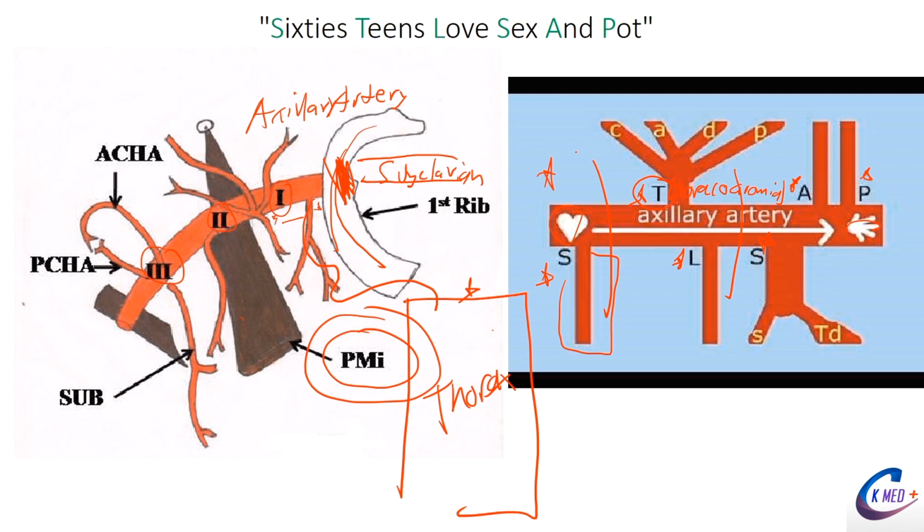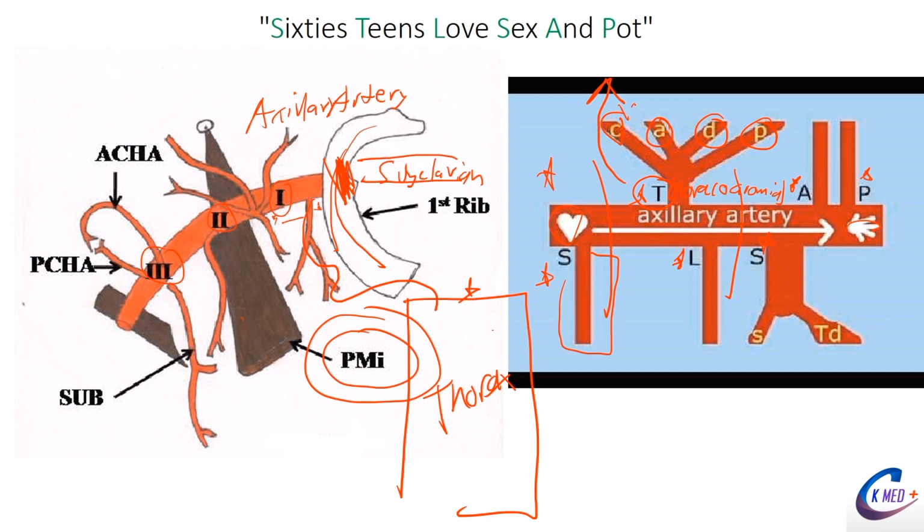So let's describe this. We have 60s in the first, 60s teens, and when they're growing up, meaning that's the direction that this artery goes off, is actually upward. It goes up. So 60s teens, when those teens grow up, well, eventually they get old, and they get so old that they die. And you know, cadavers are dead people. Cadavers are dead people, CADP.